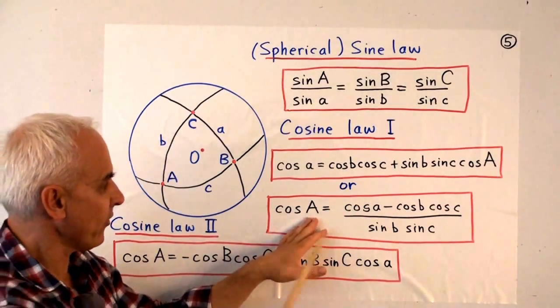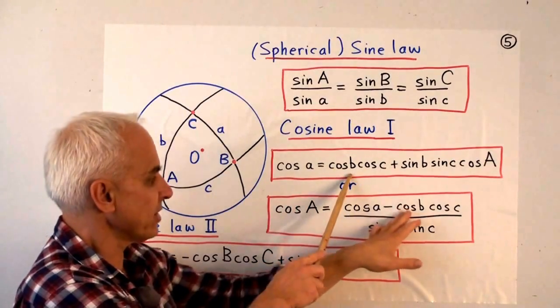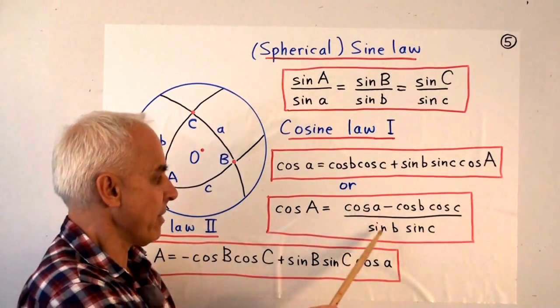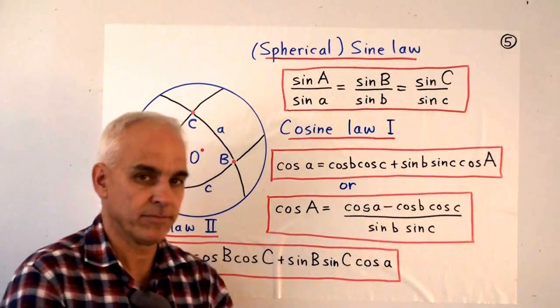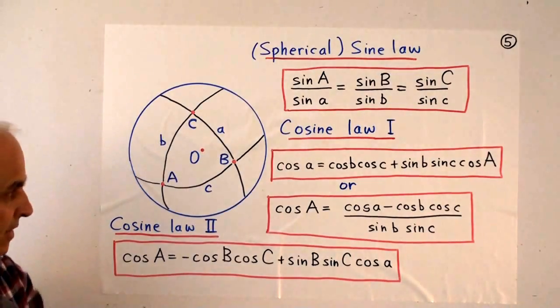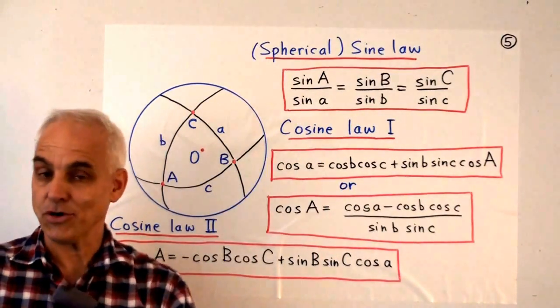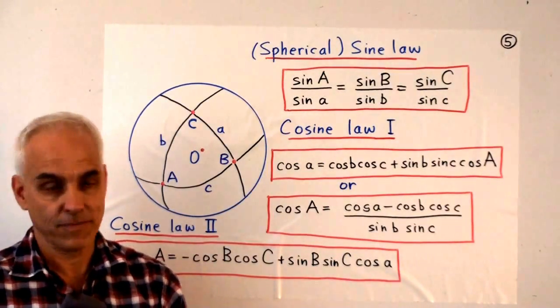Cosine of capital A equals cos little a minus cos little b cos little c divided by sine little b sine little c.